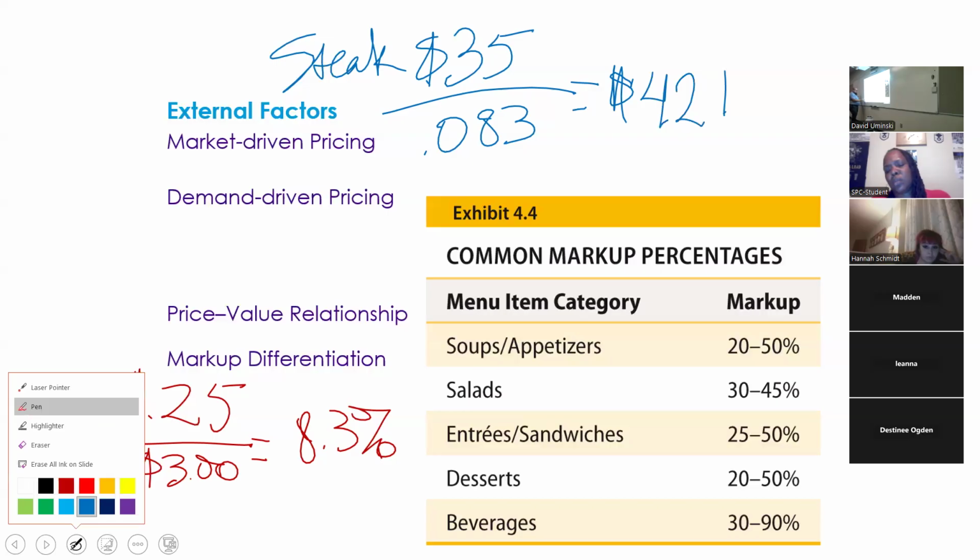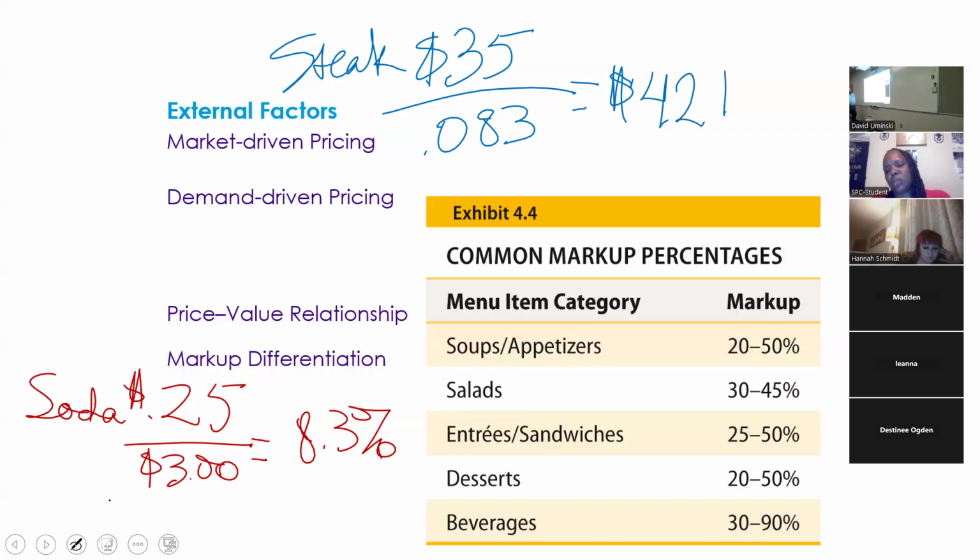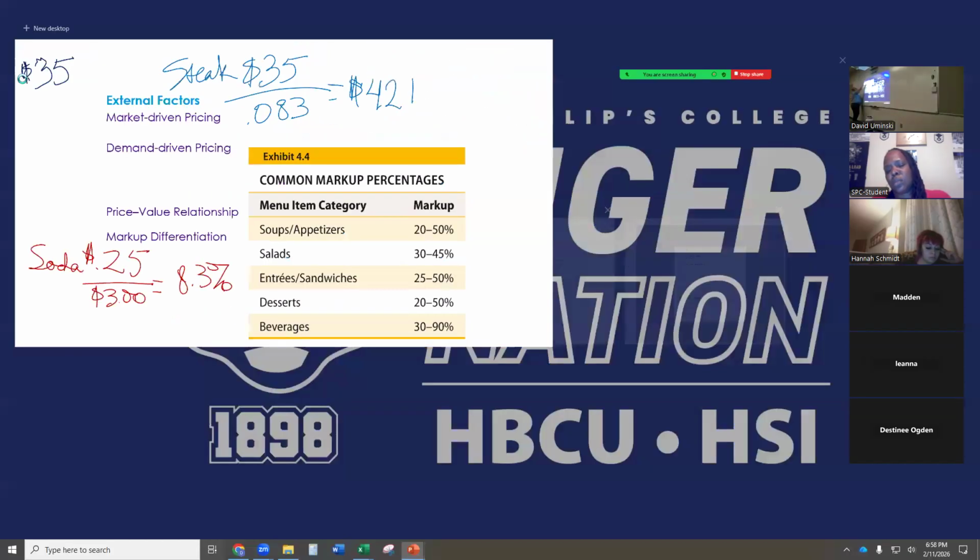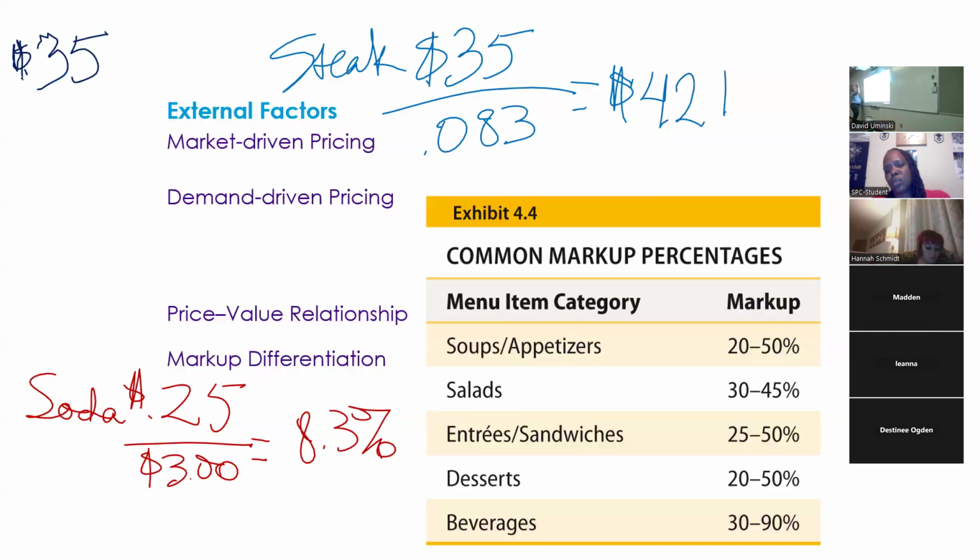But if we take that $35, the higher our food cost, usually the higher the percentage. So let's call it maybe 45%.